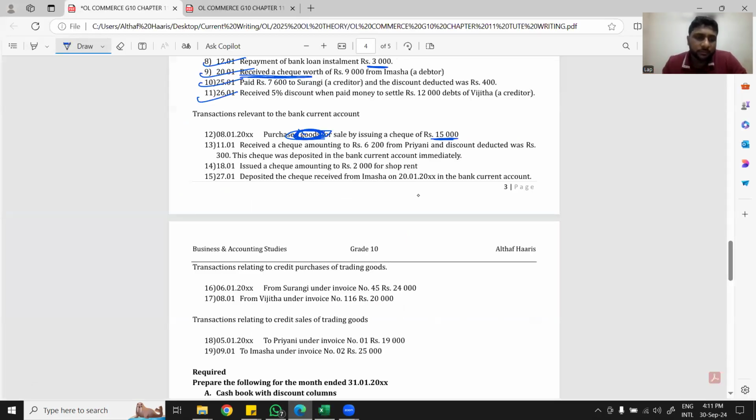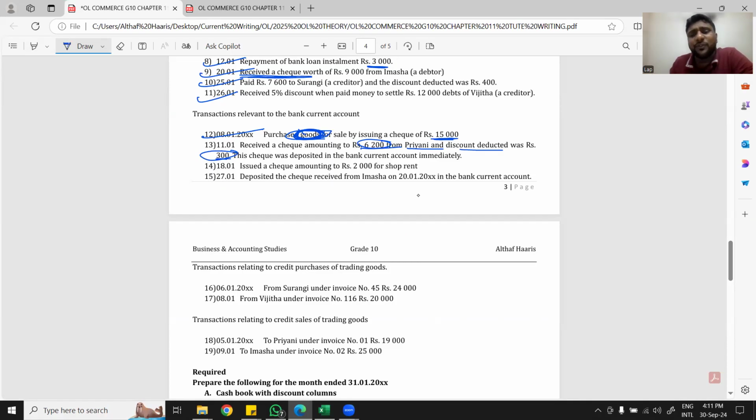Next up. Received a check amounting 6,200 from Priyani and discount deducted was 300. After deducting this discount only, we got a 6,200 check from Priyani. That's the amount that we received.